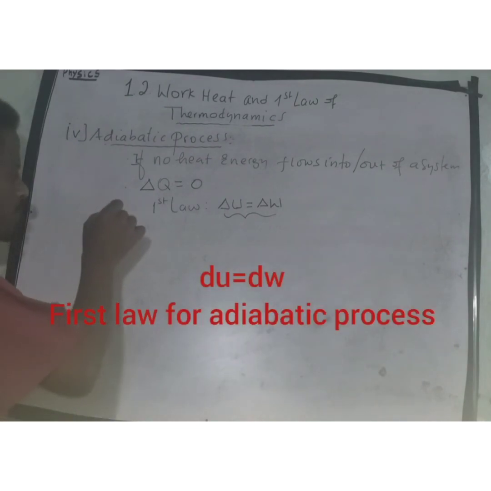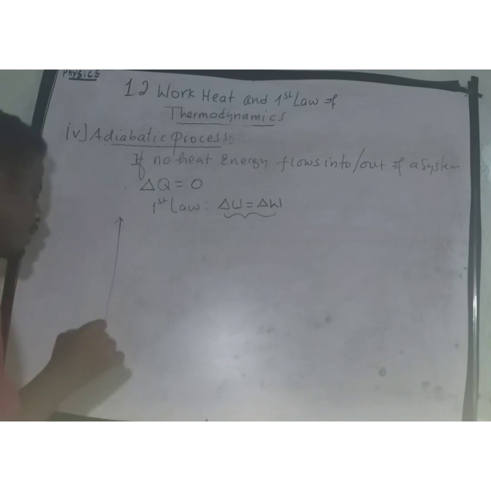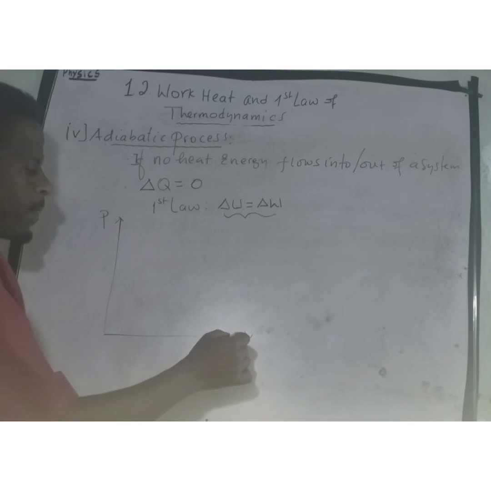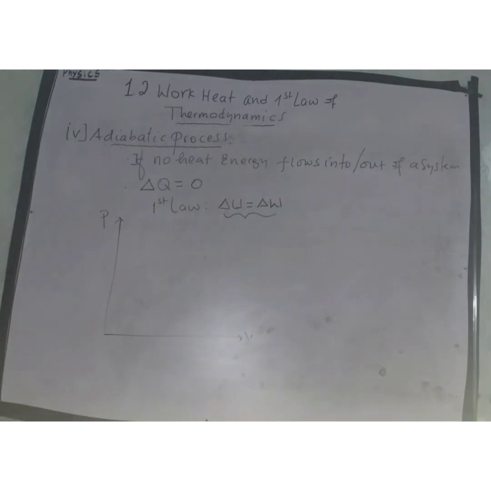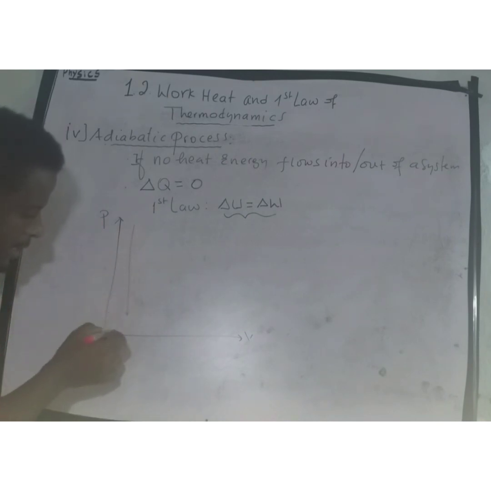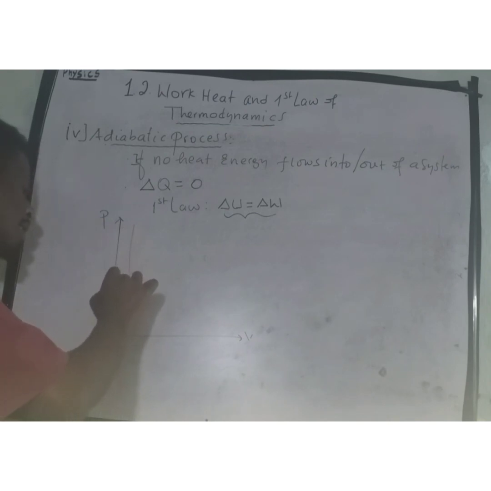Finally, if we see the graph of pressure and volume axes, then the vertical line represents the isovolumetric process because in this case volume remains constant.